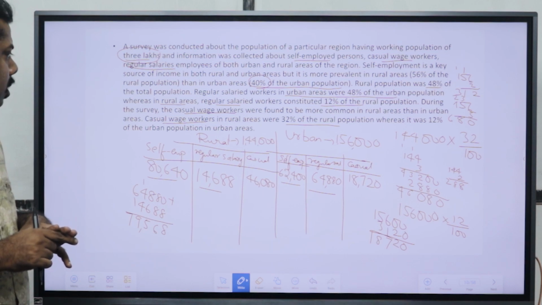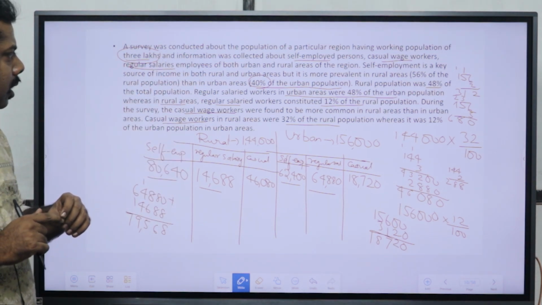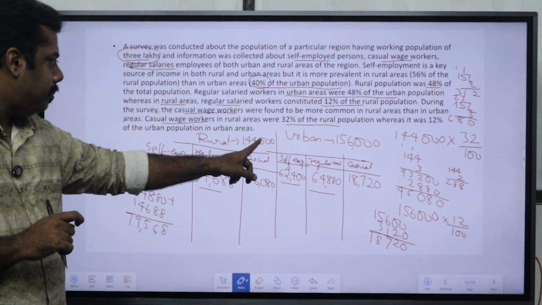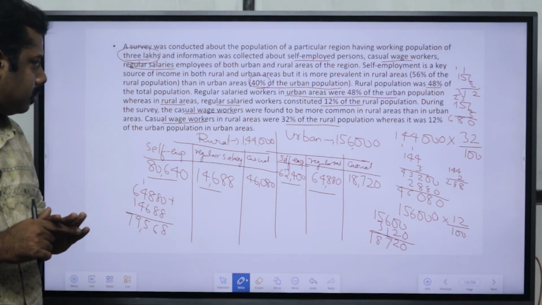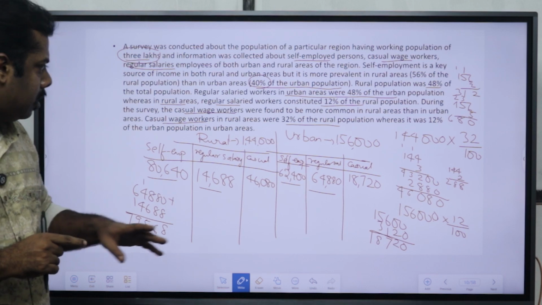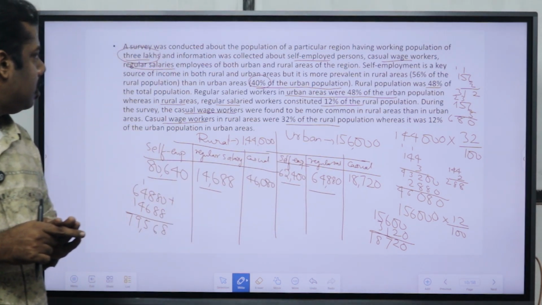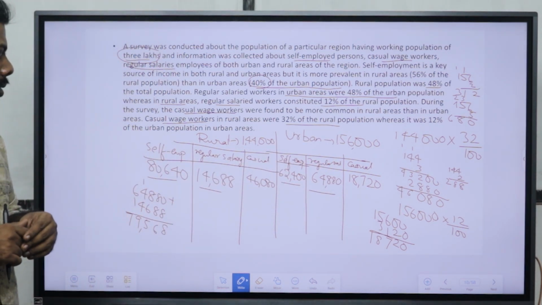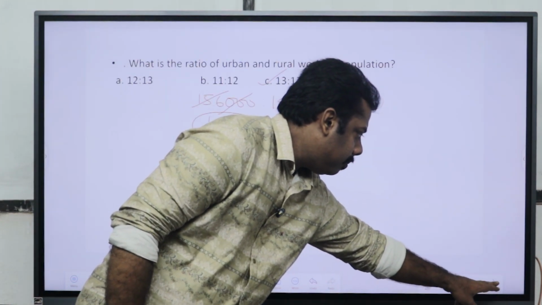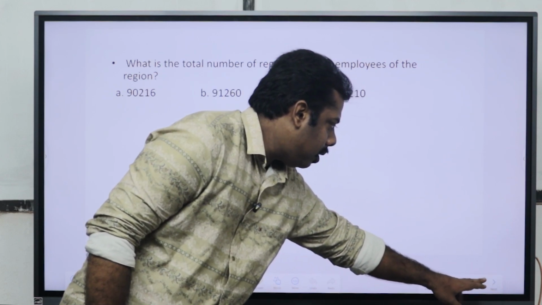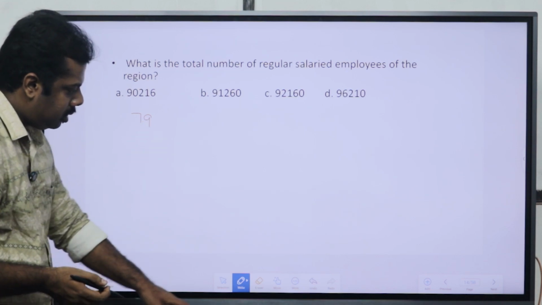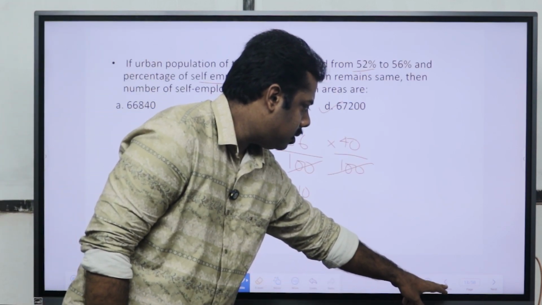Cross checking it, regular salaried people was 12 percentage here, so that is not an issue. Urban it was 48 percentage. So I think there is a mistake in the option part. The value has to be around 79,000. Just going back to the options.